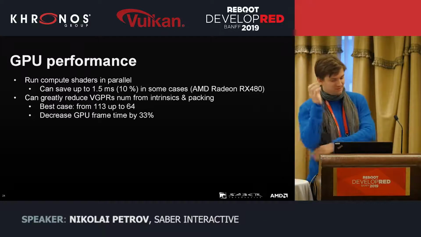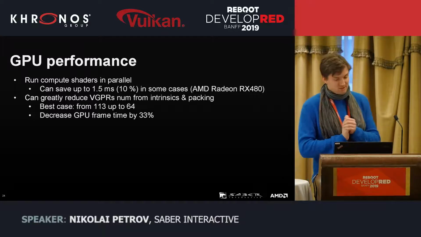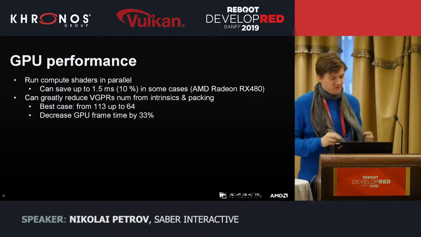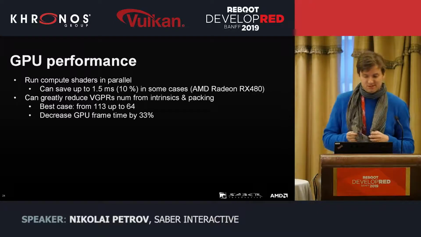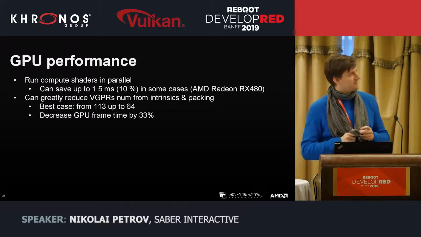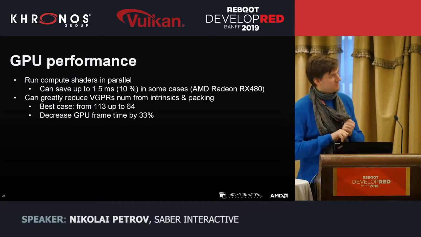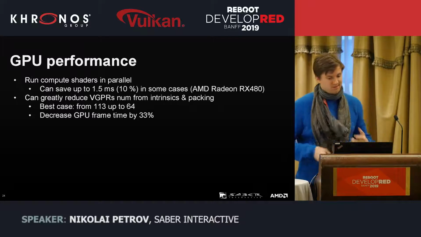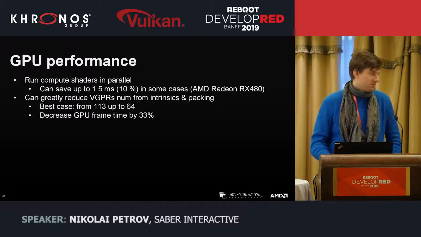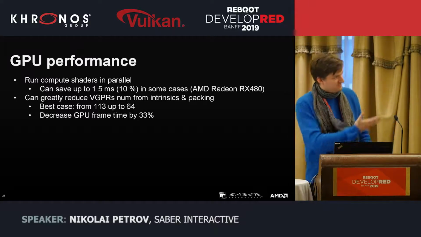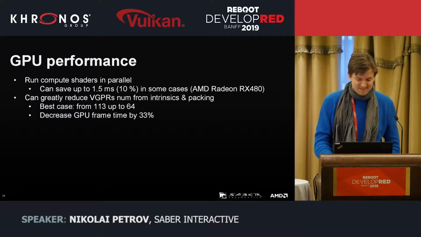It's actually when the shadow map pass is really huge. Also, the opportunity to use the wave intrinsics and reorganize the shader data flow significantly helps the compiler to produce better results by reducing the number of registers and accelerating the execution speed of shaders by up to 20 or maybe 33% in some cases.